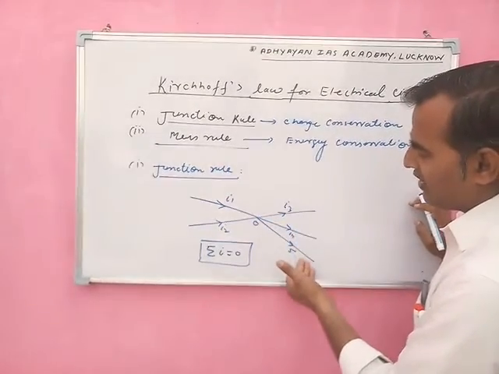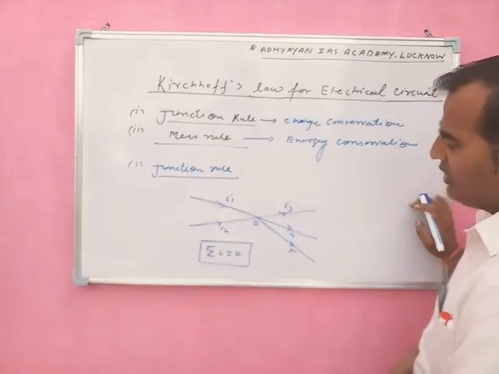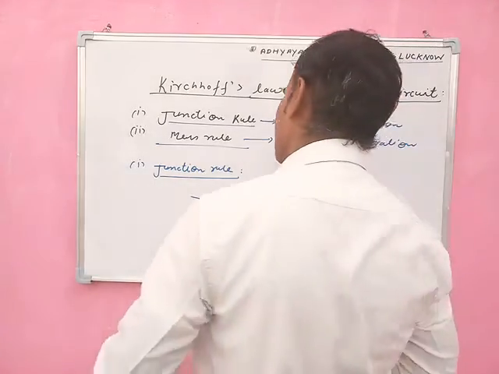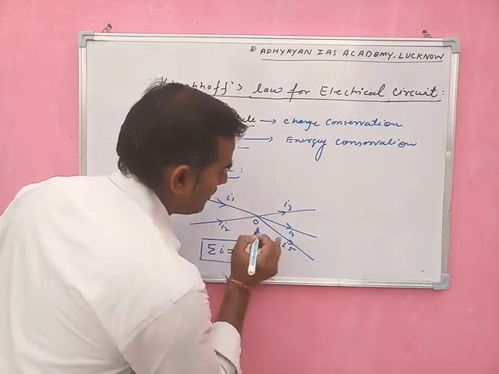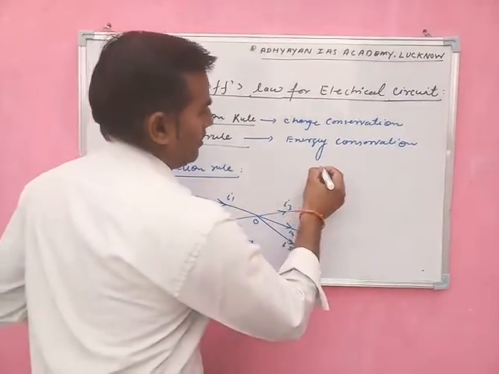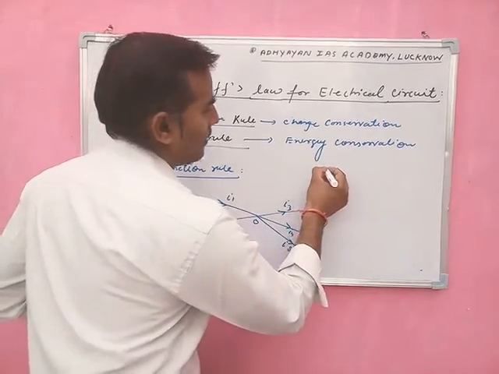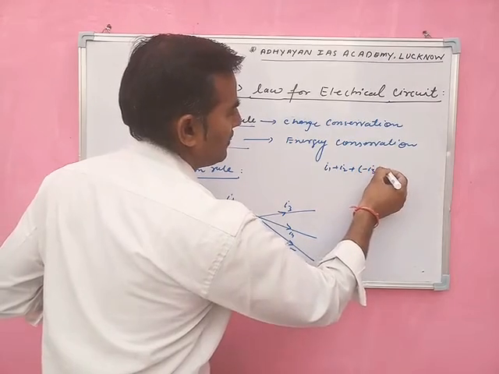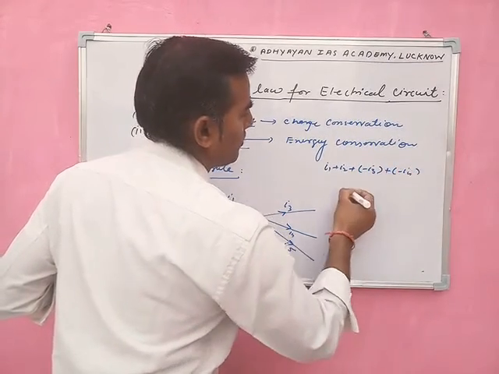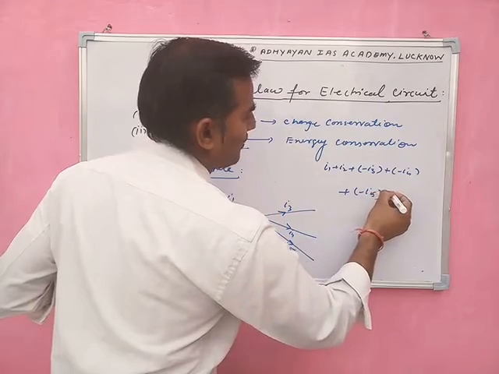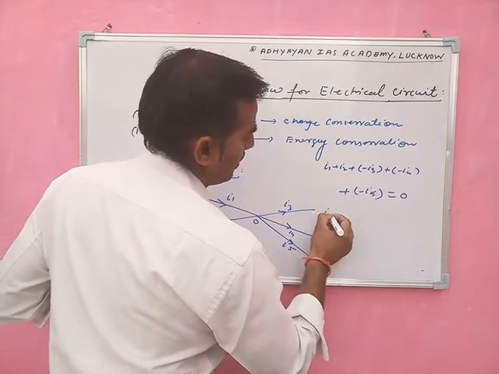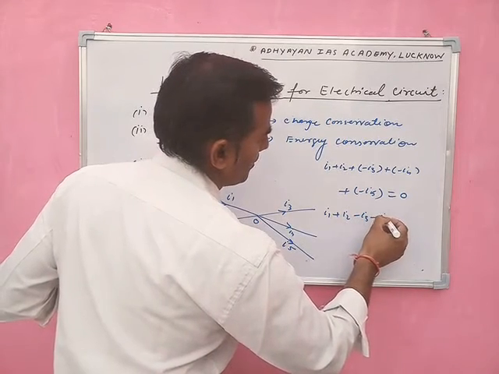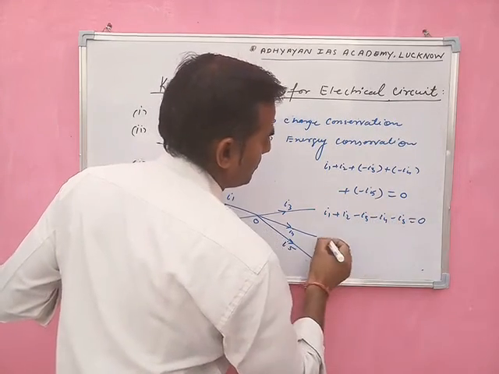I3, I4, I5 are going away from the junction, so they are considered negative. So the total sum will be 0: I1 plus I2 minus I3 minus I4 minus I5 is equal to 0.